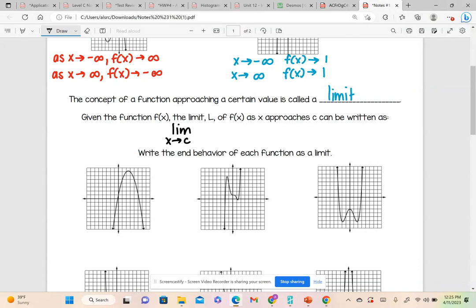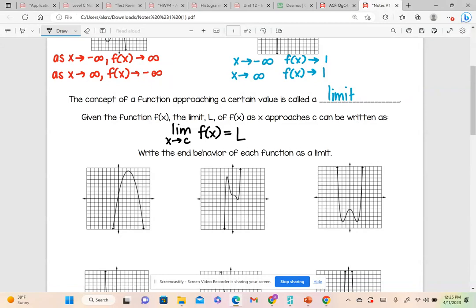It will be y when you get into Calc 3, but most of you aren't going to go that far, and that's fine. The limit as x approaches c of f of x, of whatever my function is. Sometimes it'll be a function, sometimes a number, sometimes an equation. My limit as x approaches c of f of x equals a capital L. Your limits will be labeled as a capital L.